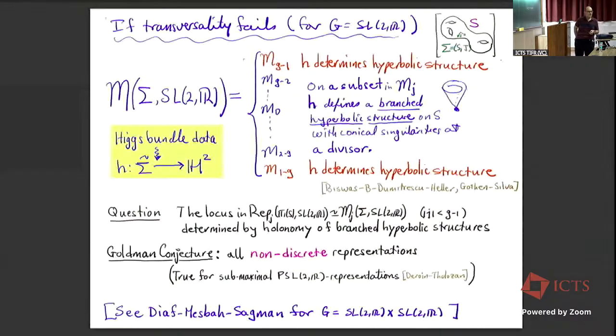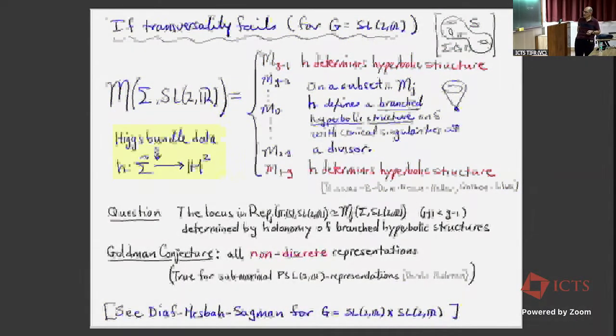These sort of issues are related to this interesting question. In these components where you don't have hyperbolic structures, but you do have branched hyperbolic structures, you can ask: is that true for all the representations in the space, or what is the locus of these moduli spaces where the representations come from these branched hyperbolic structures?